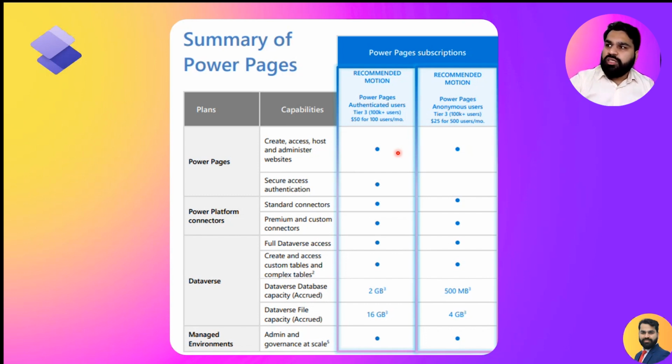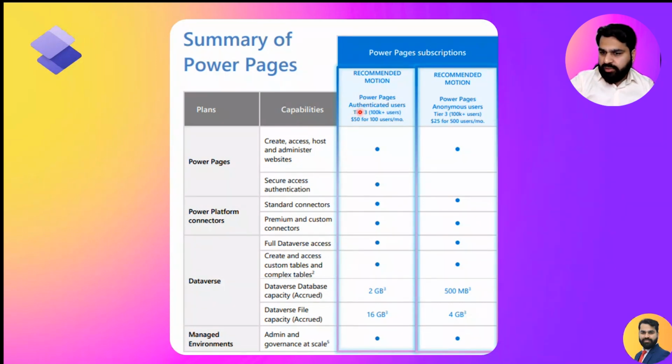Right now, we are talking about the users who are external, because the main intent of Power Pages is to enable external organization users to interact with the data and the forms within the website. So we are going to talk about external users.